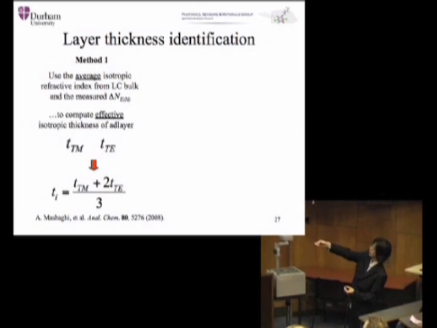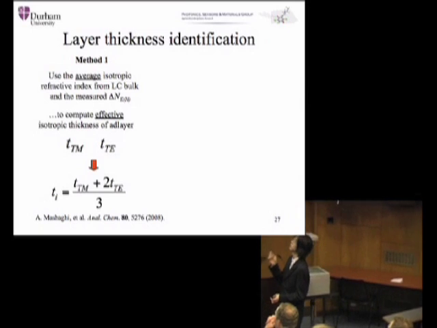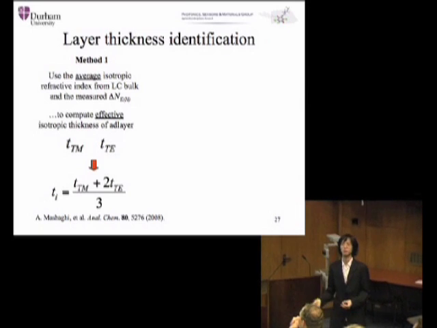By taking the weighted average of the 2 thicknesses, we can get the effective isotropic thickness of the monomer.